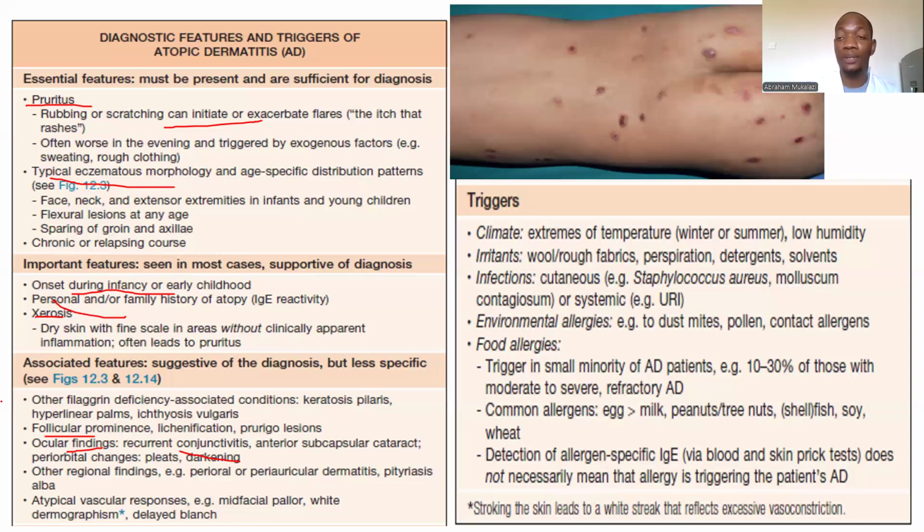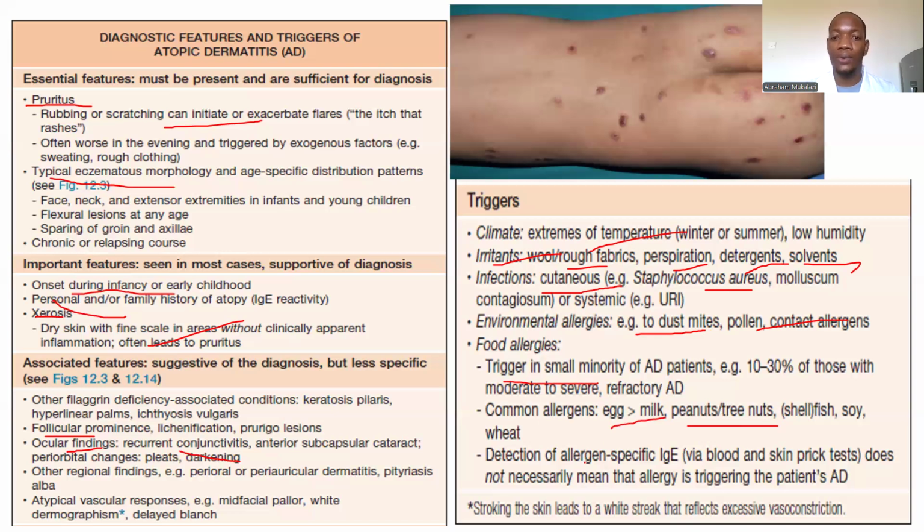Triggers that have been shown to worsen pruritus or atopic dermatitis include climate, with extremes of temperature like summer and winter, and low humidity. Others include irritants like wool, perspirants, detergents, and solvents, infections like Staph aureus, environmental allergens like dust mites and pollen, contact allergens, and foodstuffs like egg, milk, peanut, and the rest.